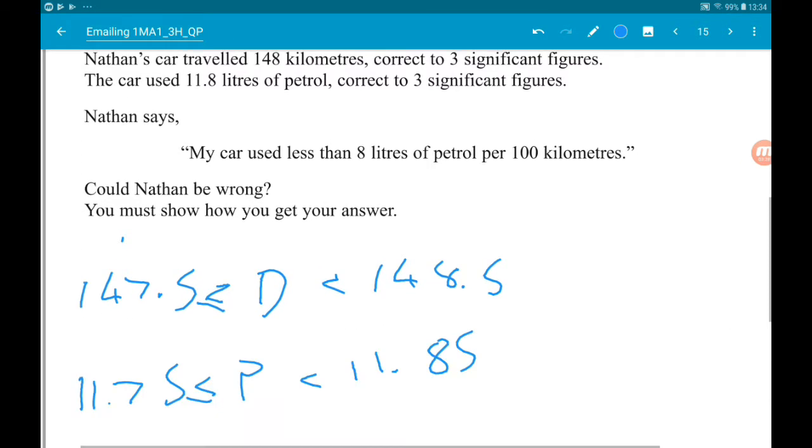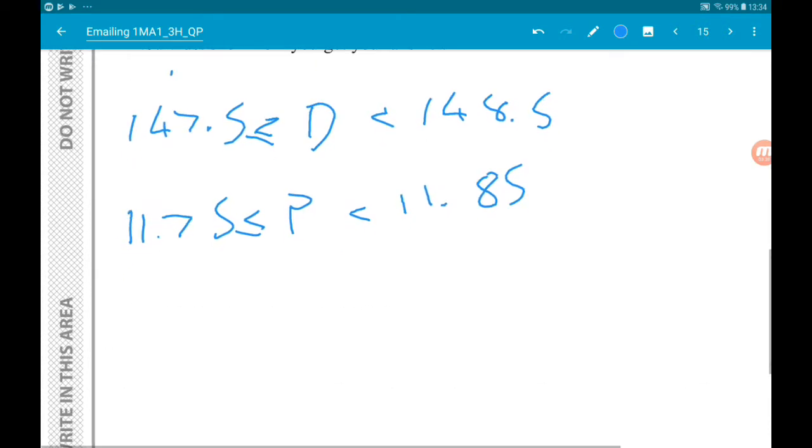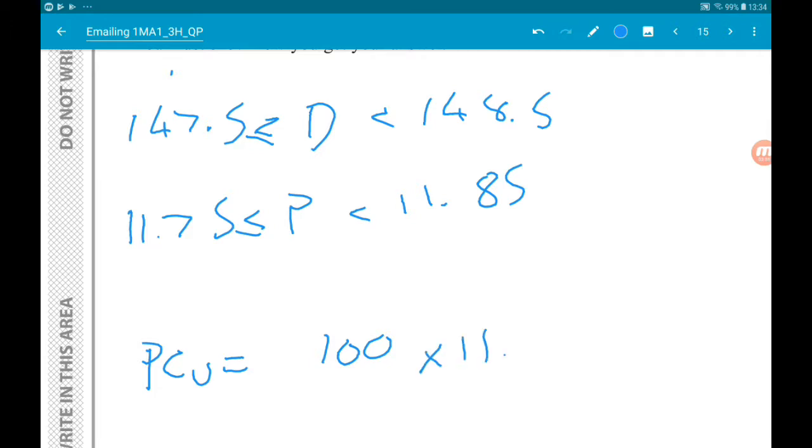So the petrol consumption, or the upper bound, for that to be as big as possible, we want the biggest number on top, so that's going to be 100 times 11.85. So that's the upper bound of petrol used.